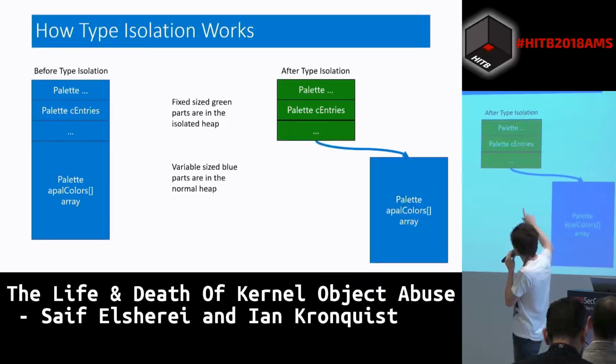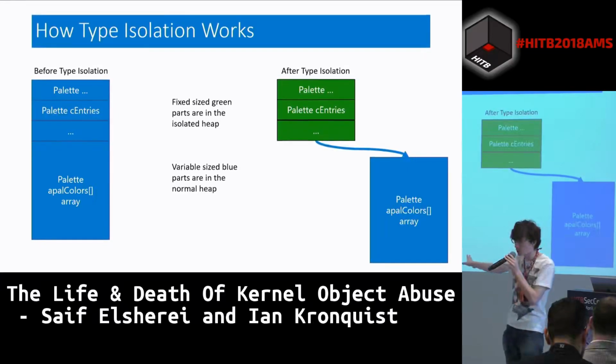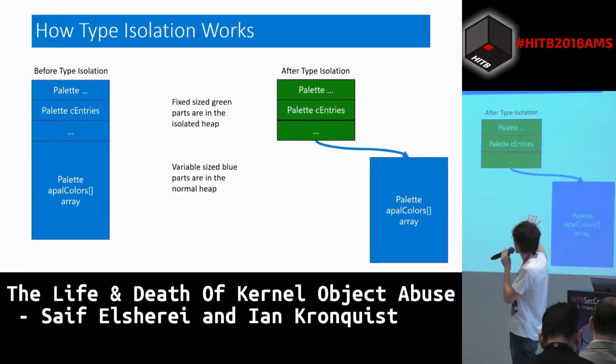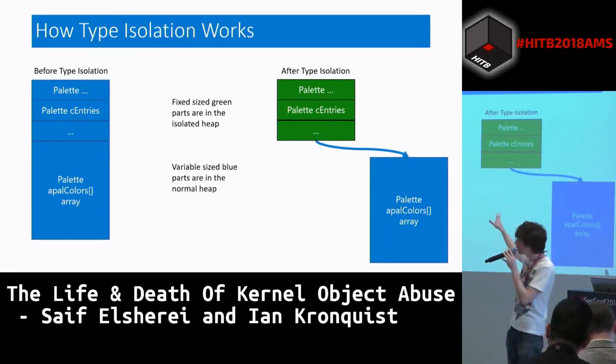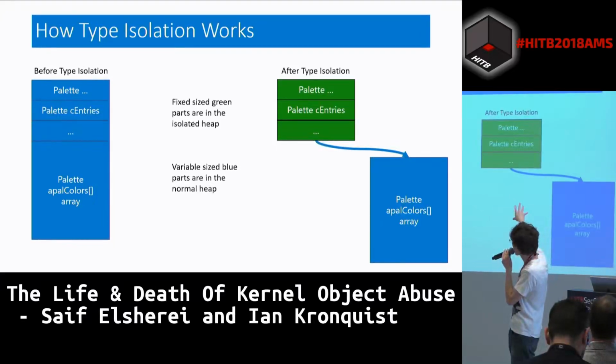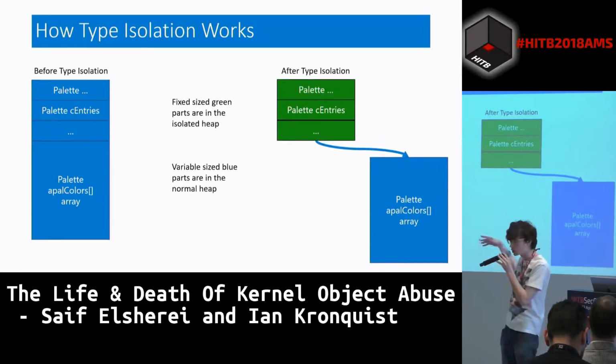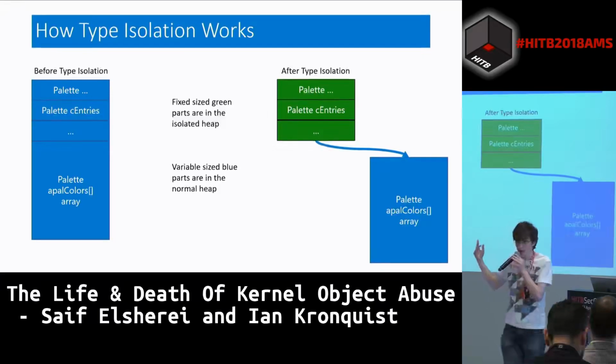And we're going to put the fixed size part in the type isolated heap. Only that chunk of the palette object is going to live there. And then that variable sized array will just live in the general heap. And so that way we can't overwrite that fixed size metadata full of flags and pointers in the palette header with the variable sized user controlled color pointers or bitmap data.